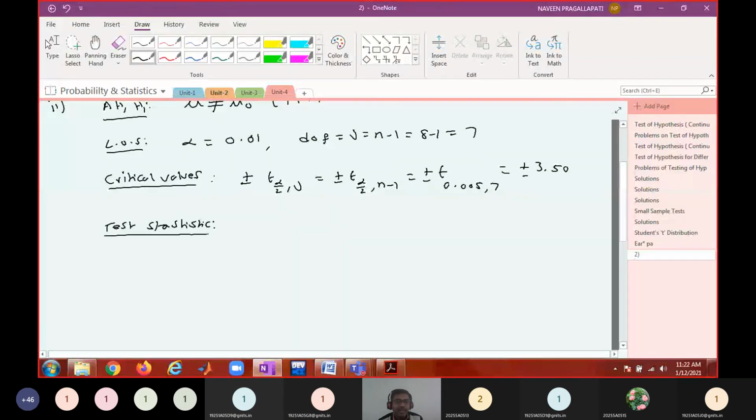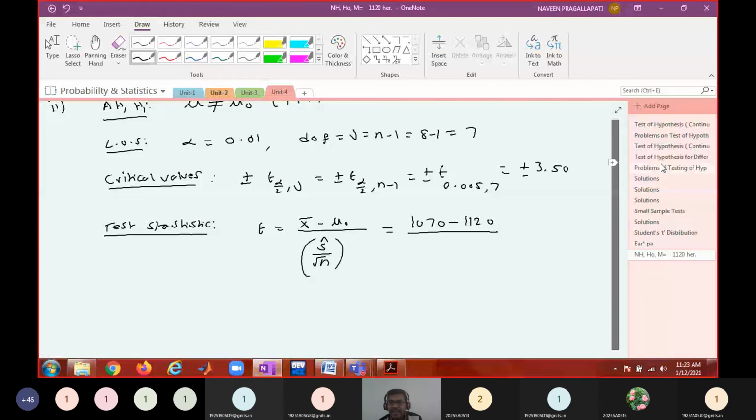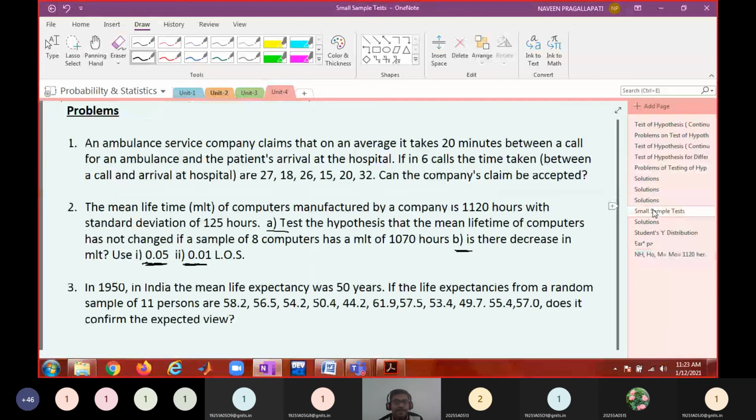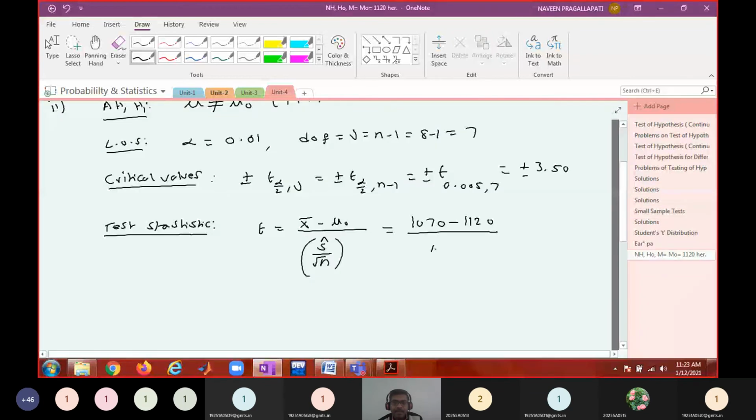Therefore, what is the test statistic? The test statistic is t equal to x bar minus mu naught by s by root n. Unfortunately, the sample standard deviation is not given. It is 1070 minus 1120 by 125 by root of n, and n is 8.